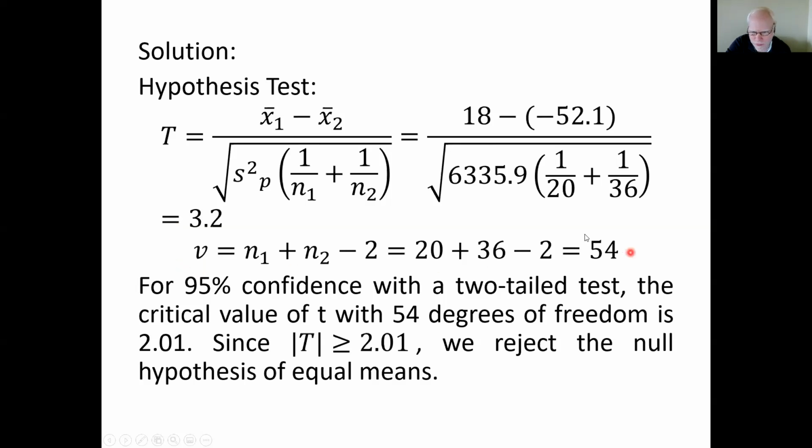Then we still have 54 degrees of freedom. And for 95% confidence with the two-tailed test, the critical value of t with 54 degrees of freedom is 2.01. Since the absolute value of this is greater than 2.01, we reject the null hypothesis of equal means. So we have evidence for the conclusion that something happened.